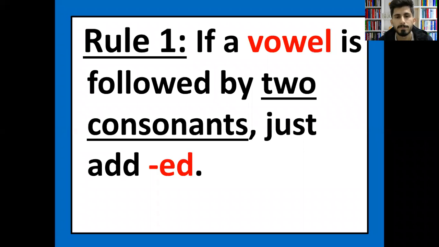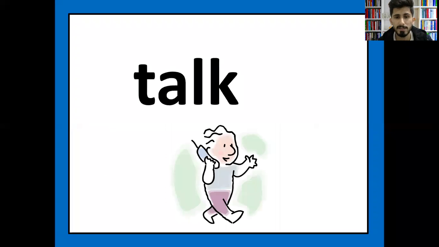Writing rules. Rule number 1: if a vowel is followed by 2 consonants, I told you what vowels and consonants are. If one vowel is followed by 2 consonants, it means one vowel plus 2 consonants, you just add ed. Just like these examples.